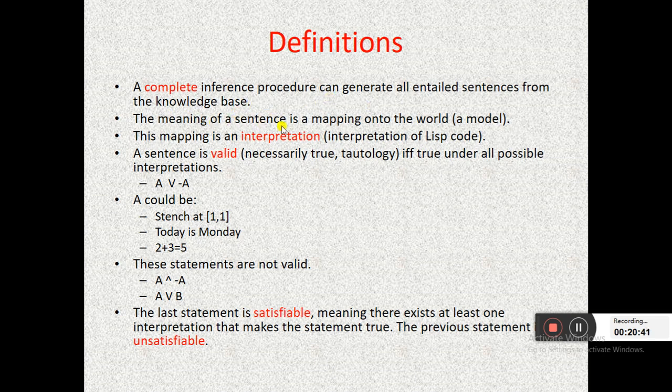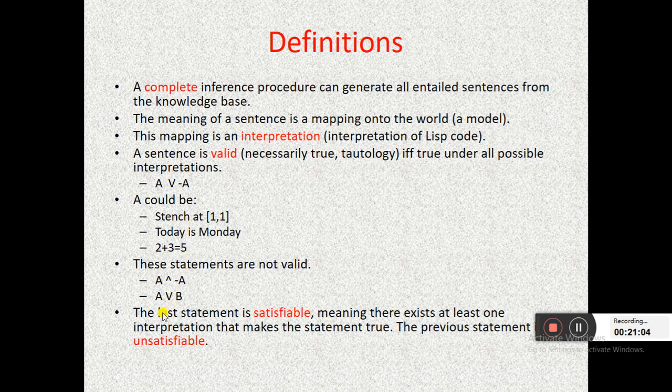The meaning of a sentence is a mapping into the world, a model. The meaning is an interpretation. A sentence is valid, or necessarily true, if true under all possible interpretations.